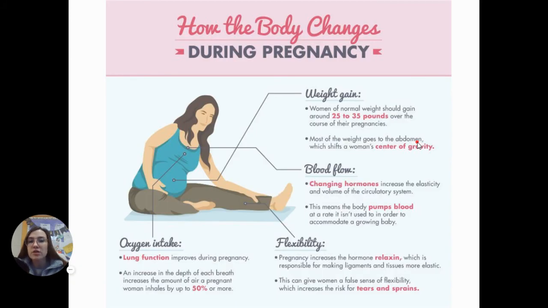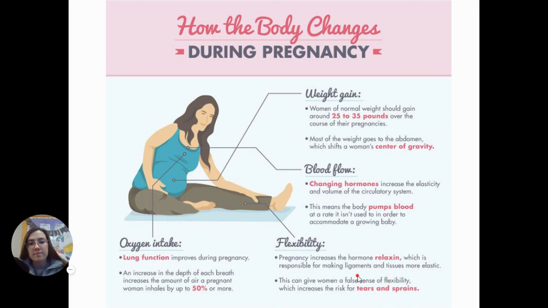Additionally, their body changes quite a bit. So women, as you notice, gain weight during pregnancy. Typically, they gain 25 to 35 pounds. You'll notice that it might be harder for a pregnant woman to walk, and that's because their center of gravity changes as they gain more weight in one area of their body. Blood flow can change just due to hormones, so different parts of your body might be uncomfortable while you're pregnant.